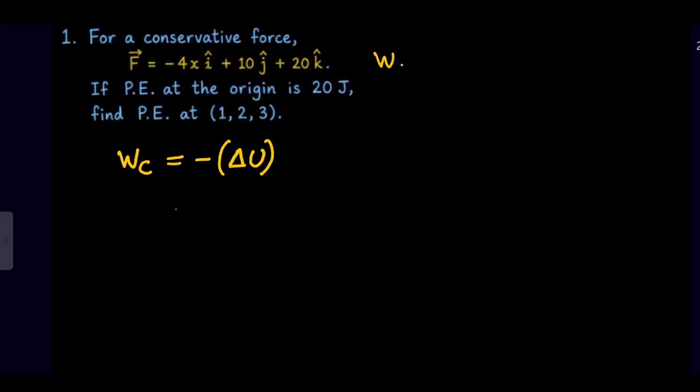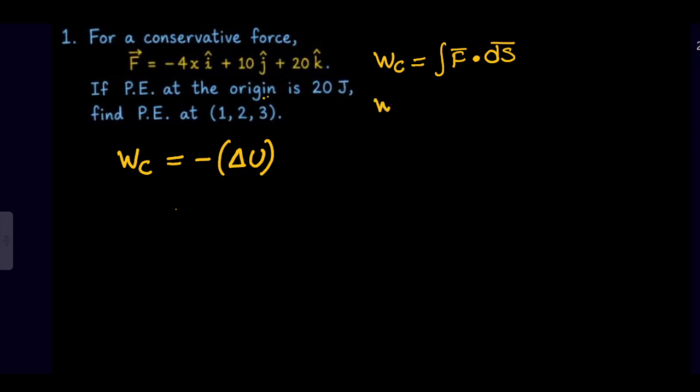This is the work done by the conservative force, which is equal to the integral of F bar dot ds. Here the initial point is the origin and the final point is (1, 2, 3).